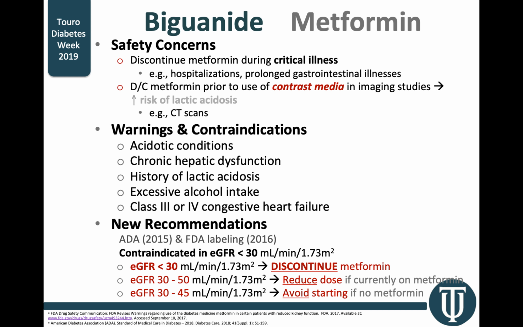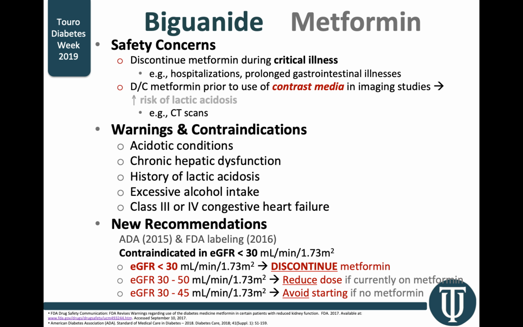There is a new update in regard to renal function and metformin use. When the patient's eGFR is lower than 30, metformin is contraindicated, so we will need to stop.